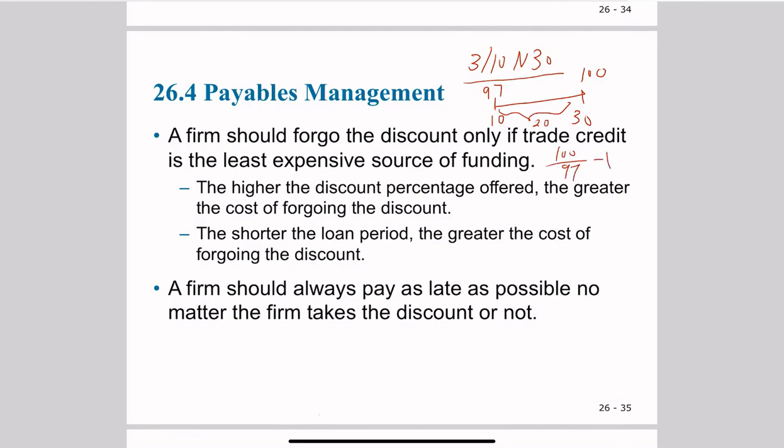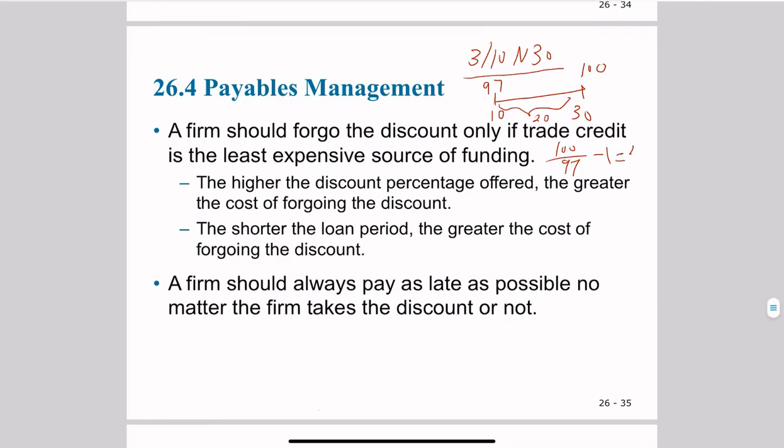So now the decision on whether to forego this discount really is about whether this trade credit is the least expensive source of funding or not. Let's say this interest rate equals 4%. That is, over 20 days, the interest rate is 4%.